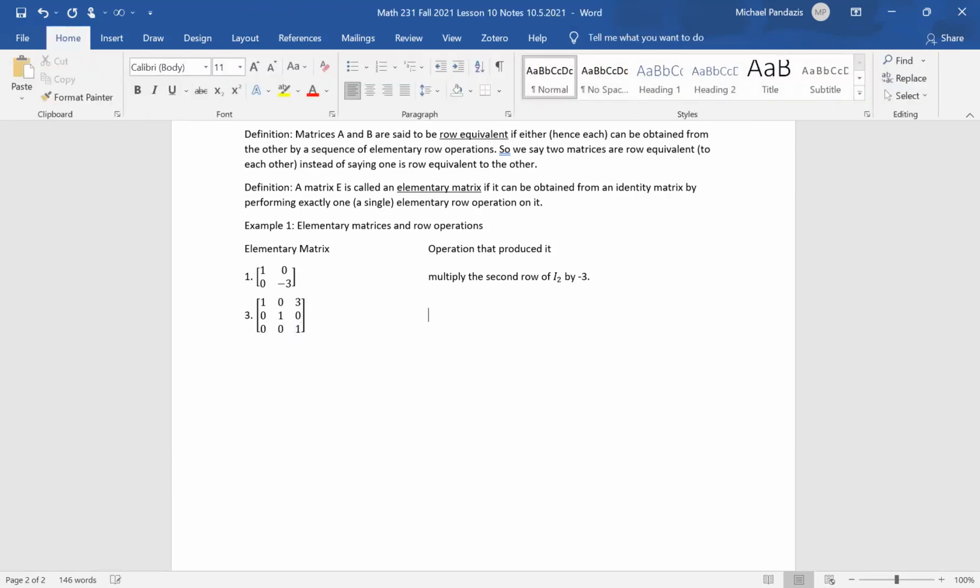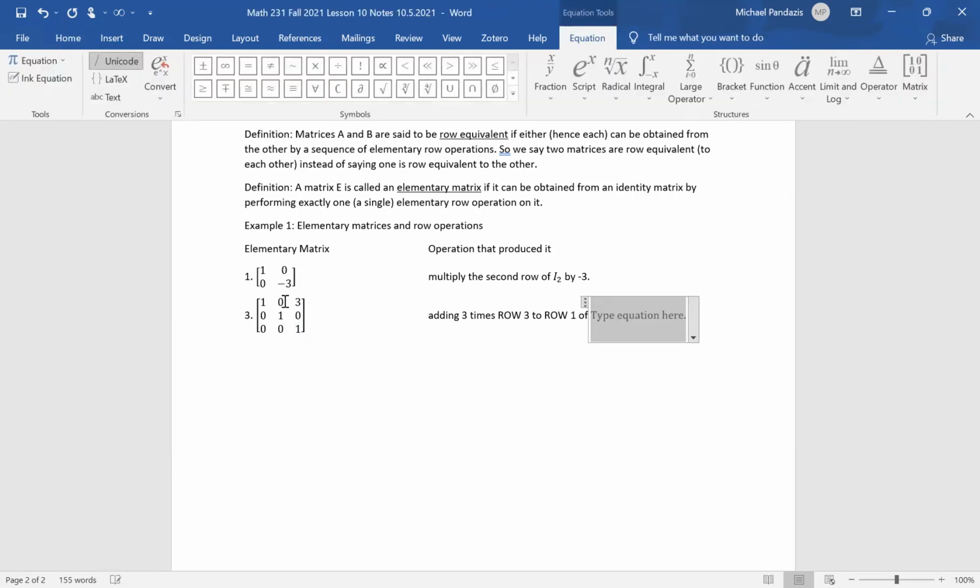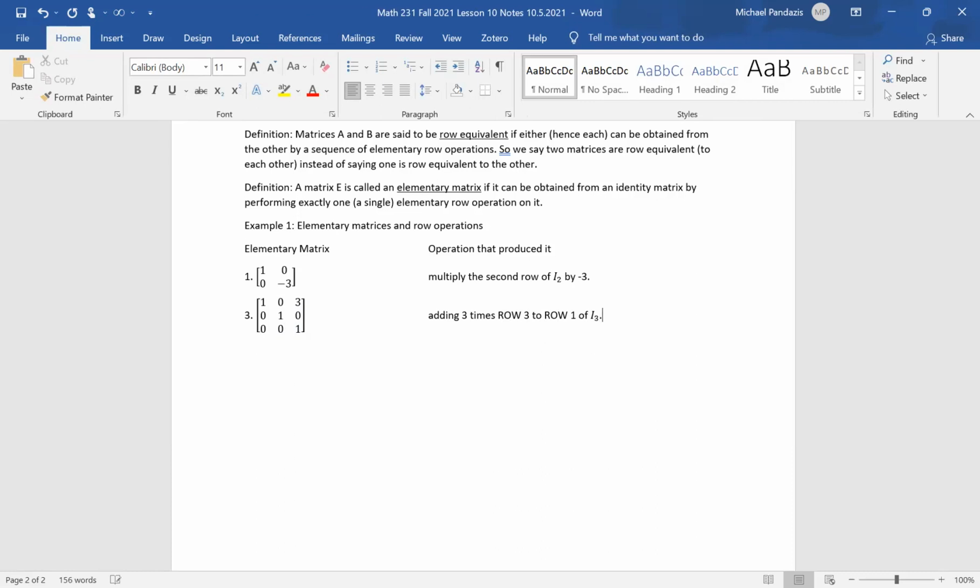And so this matrix is adding 3 times row 3 to row 1 of I sub 3. So if you start with I sub 3 and you add 3 times row 3 to row 1, you get this matrix.